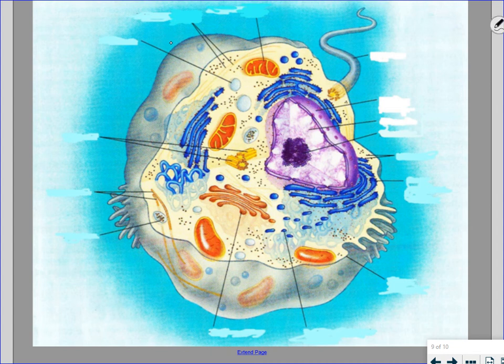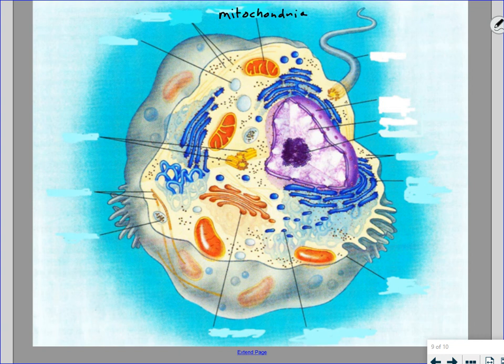This orange sausage-shaped organelle with those little folds inside it is a mitochondria. A mitochondria carries out cellular respiration.